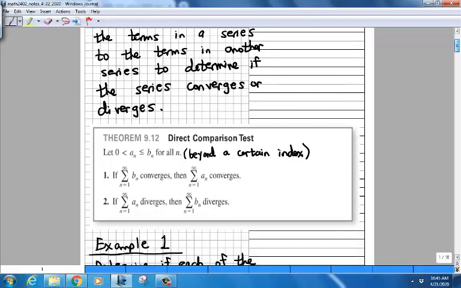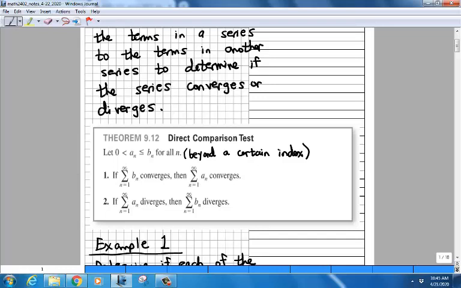How this test works is if you are given a series and you're trying to determine if it converges or diverges, but the terms of that series look like the terms of a series that you already know converges or diverges, then often by just comparing the terms in those two series, you can determine if the new series converges or diverges. That's why this is called the direct comparison test.